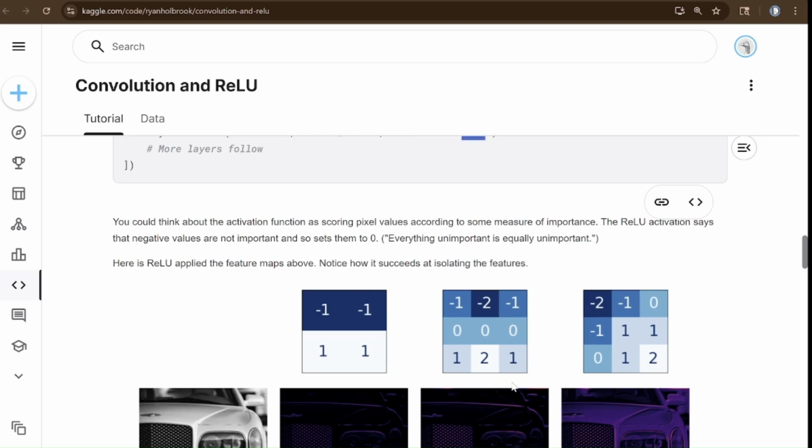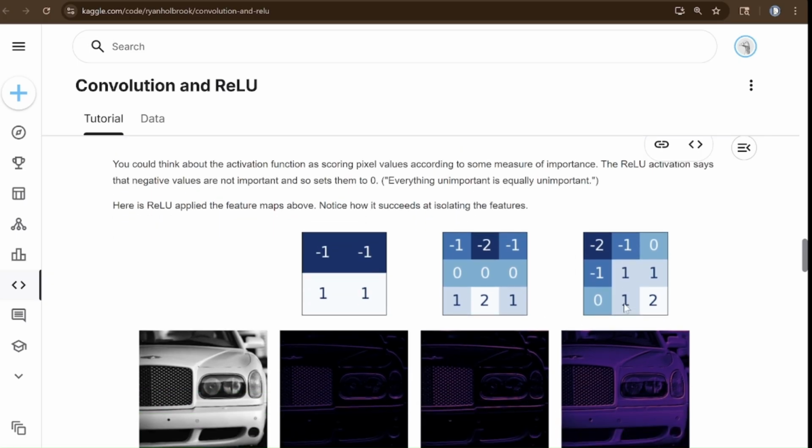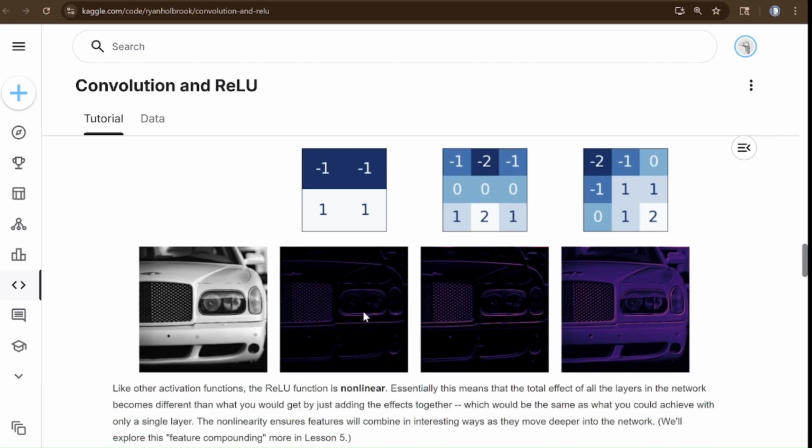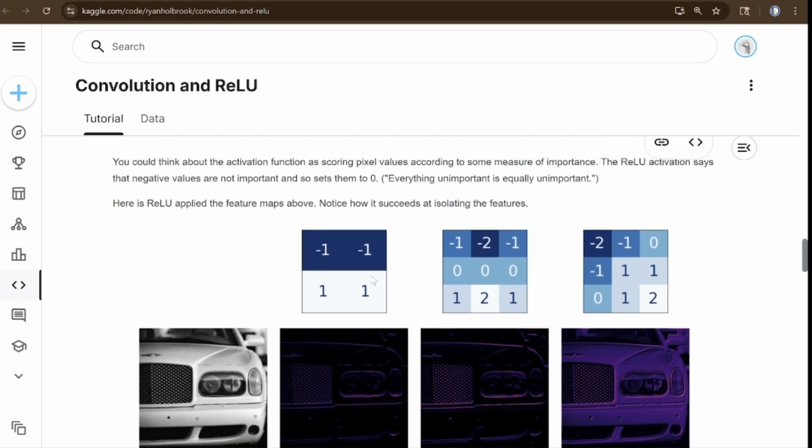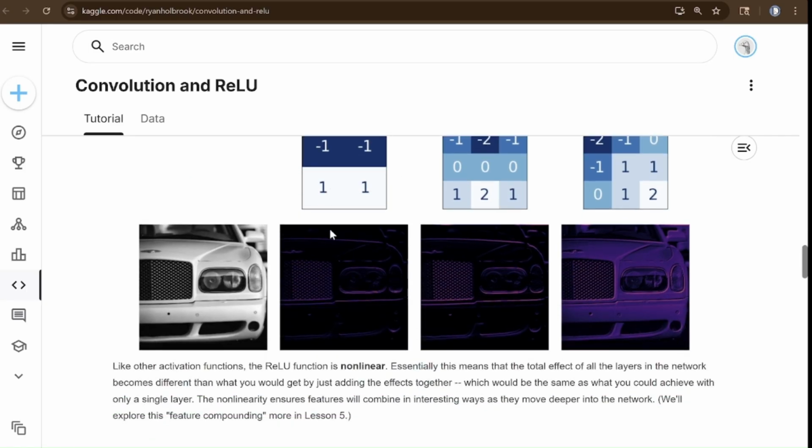See, these are the feature maps you have got from convolution, and these are the pixel values, and these are the feature maps, right? You have used 3 filters here. Fine. Now ReLU says that you have got some negative values, see, -2, -1, -1, -1. ReLU says that these are not important. You don't need any negative values, so replace them with 0.